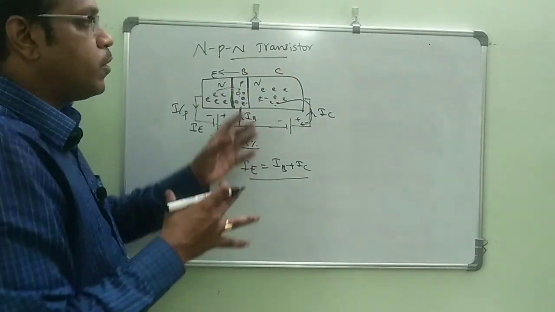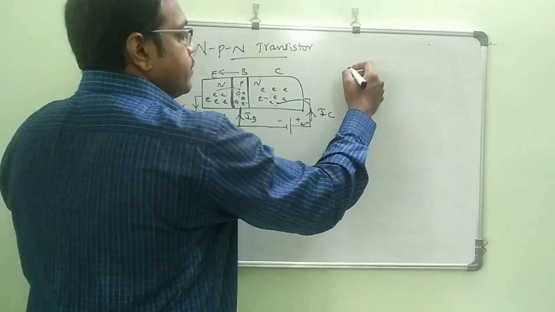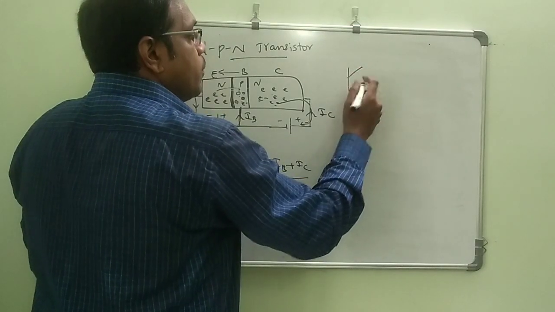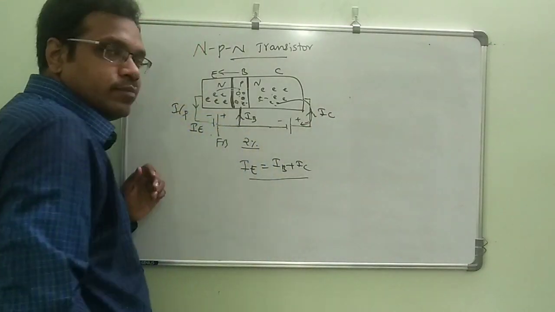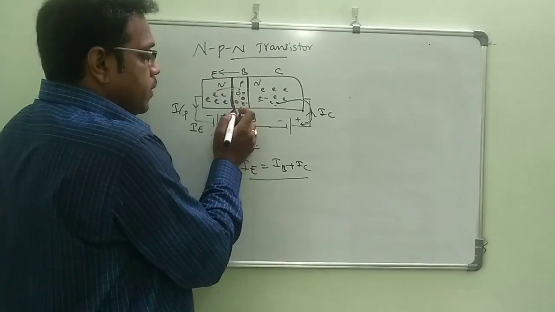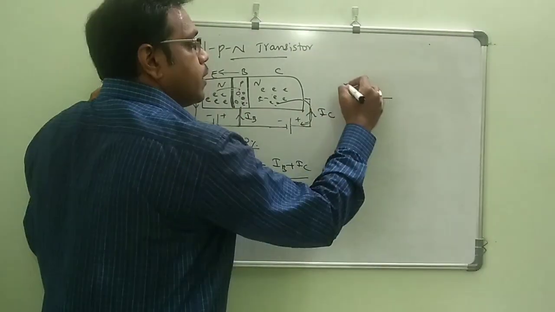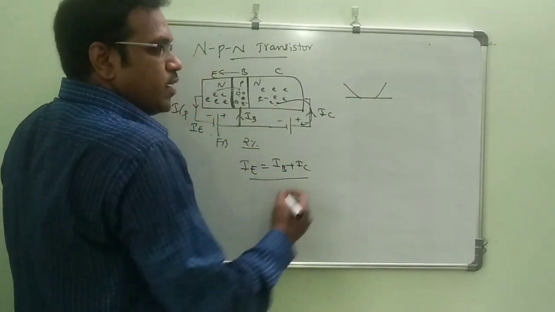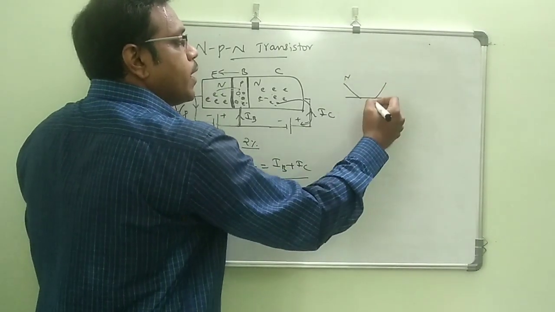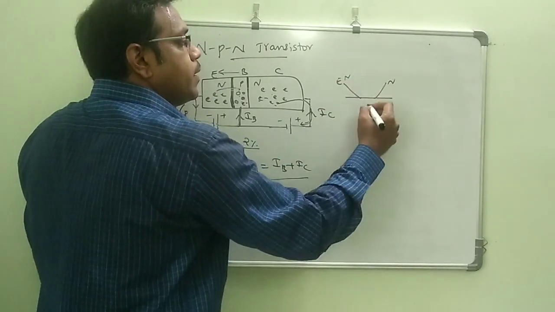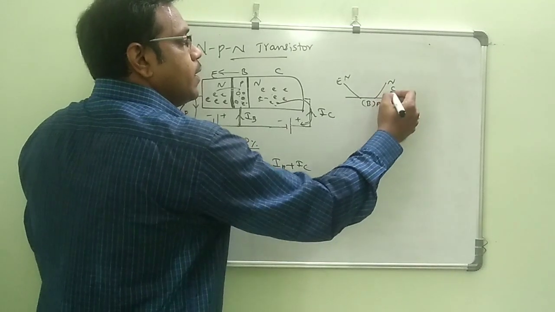Okay, this one I will show in the form of a normal circuit diagram. That is common base. So, common base, and this is an NPN transistor with emitter, base, collector.